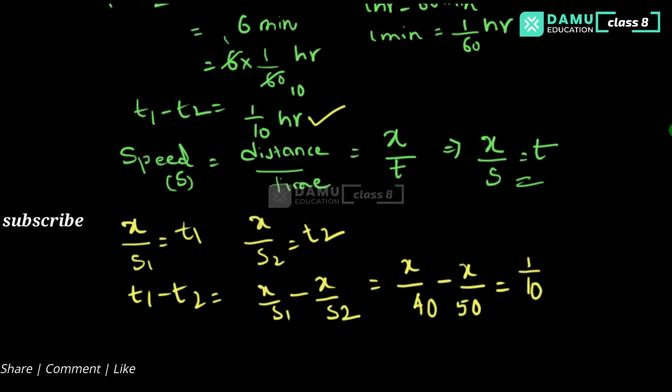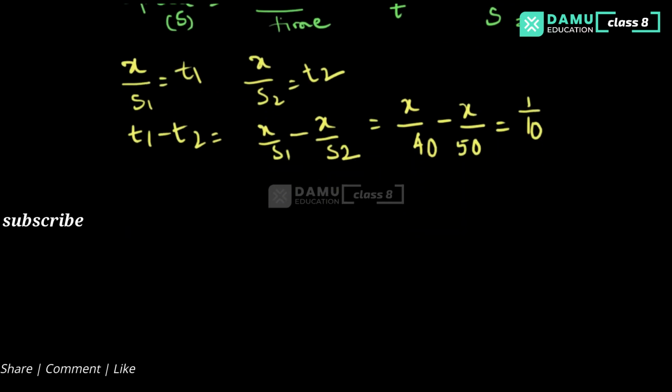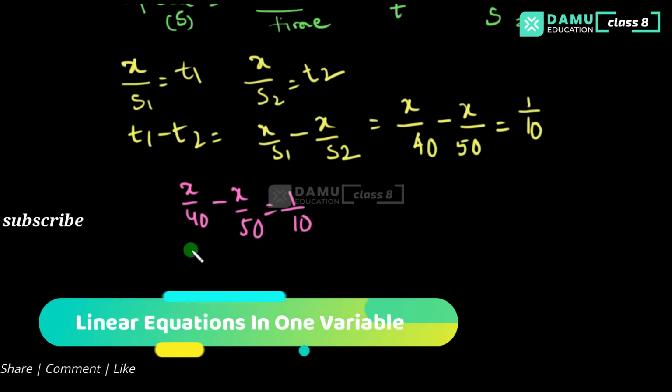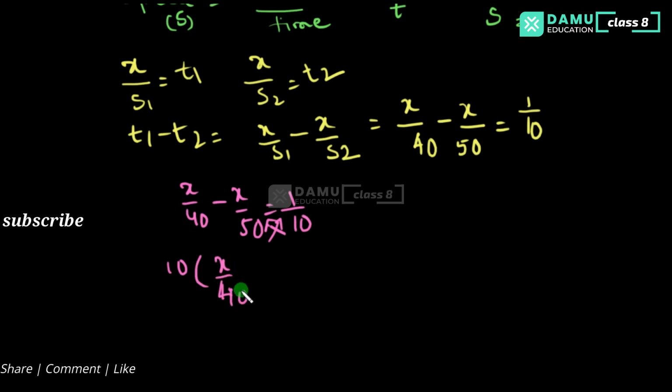Now if you simplify this equation, x by 40 minus x by 50 will be equal to 1 by 10. Let's take 10 common, so we multiply by 10 on both sides: 10x by 40 minus 10x by 50 will be equal to 1.